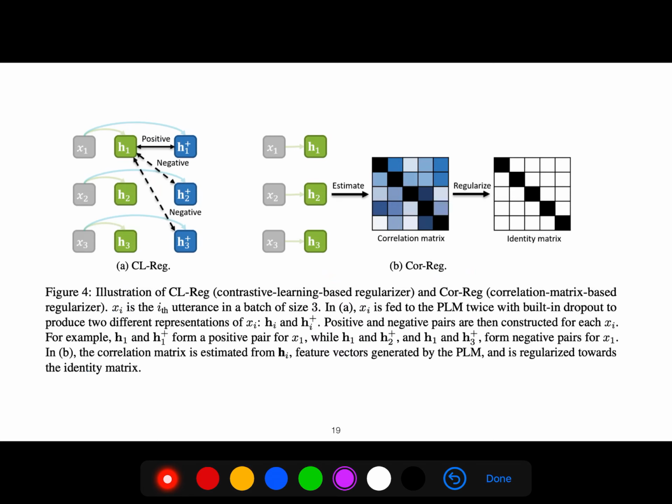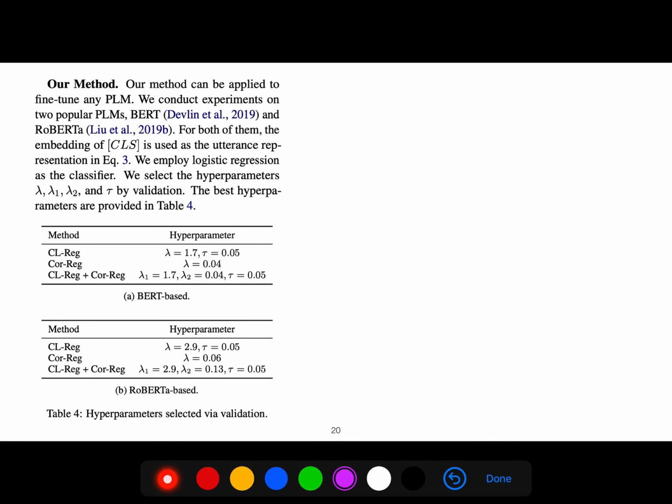Because we have positive and negative pairs, we can create the correlation. We want it to be as close as possible to the identity matrix. So the difference is our loss for one of our regularizers, which is explicit. And these are the hyperparameters.